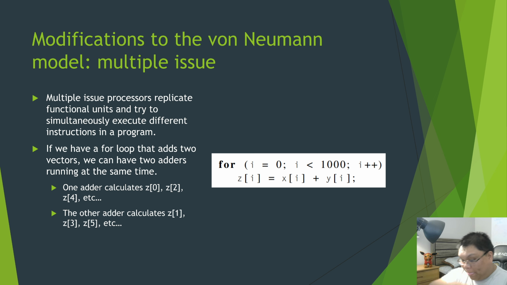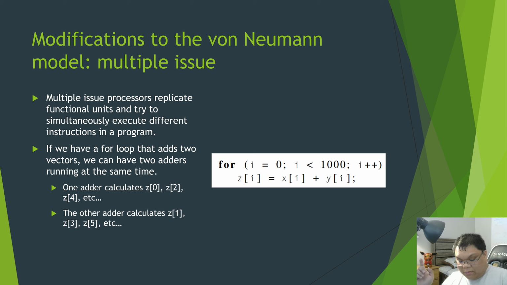So we are doing vector addition. Z0 equals x0 plus y0, and so on. So we could have 2 CPU cores, where one CPU core adds all the even numbered elements and the other adds all the odd numbered elements.